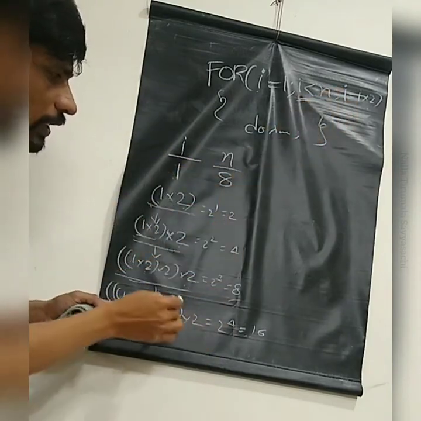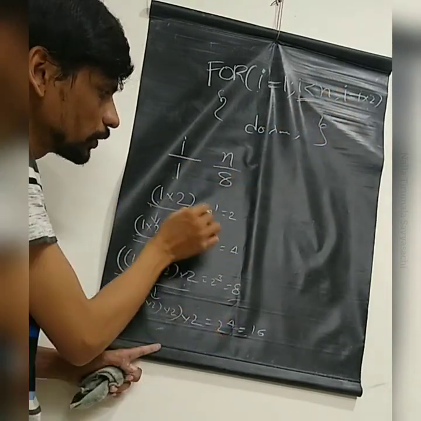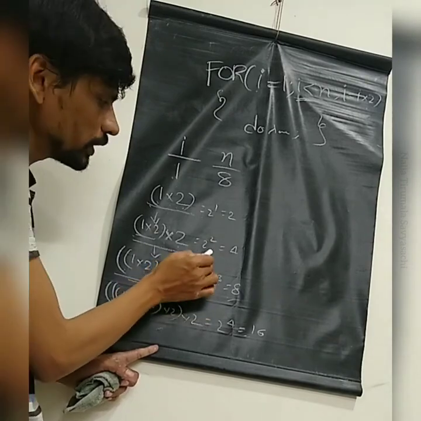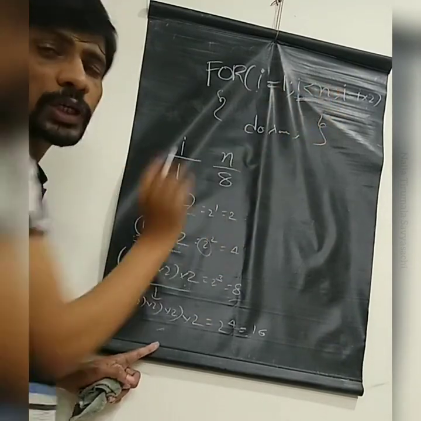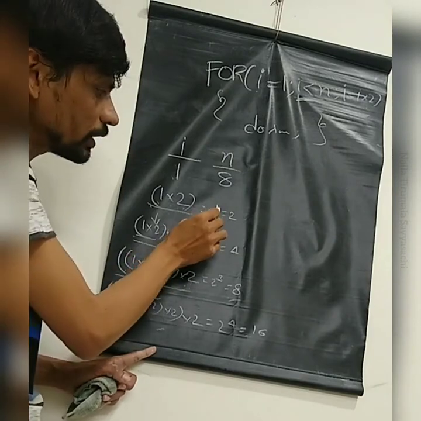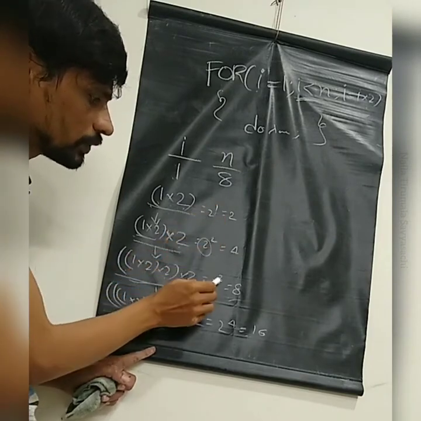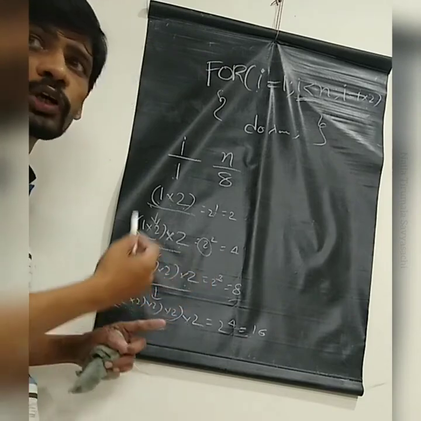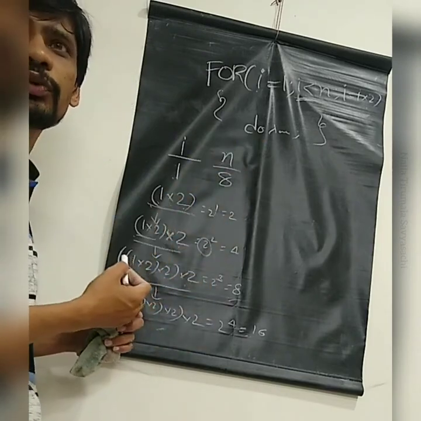The pattern is 2 power 1, 2 power 2, 2 power 3. Here 2 is the same because we are multiplying with 2, but the power value increases, and at some point my condition will fail.